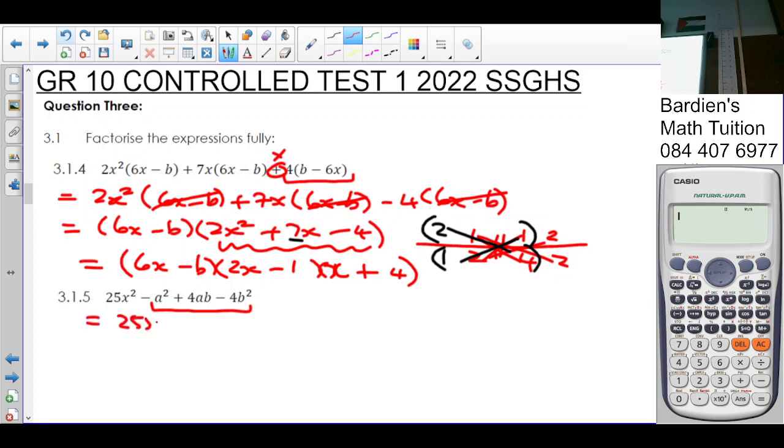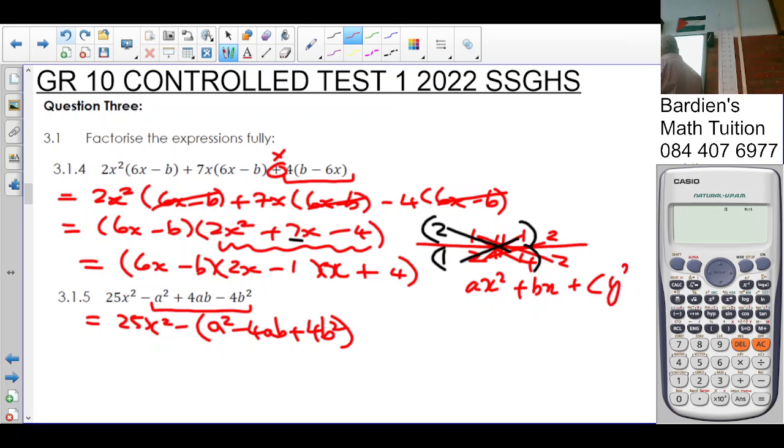So you get 25x squared minus open brackets a squared minus 4ab plus 4b squared. You should see the standard form of your quadratic, which is normally ax squared plus bx plus c. But if it has a y squared at the back, then there will be a y as well. This is the standard form of a quadratic equation. You should have seen that.